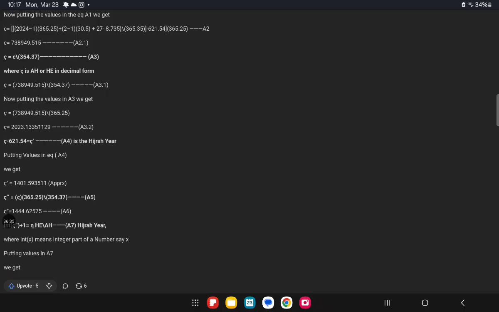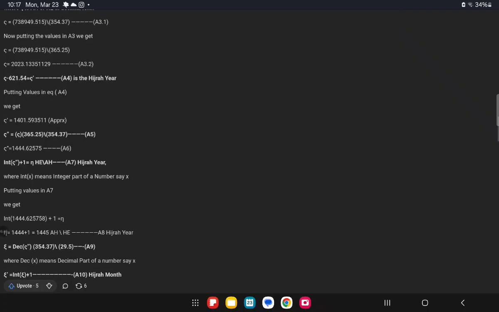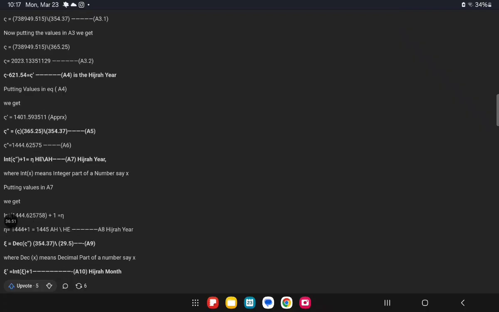Next we have int of this plus 1 equals the eta, equals the integer part of a number. It is 1445.